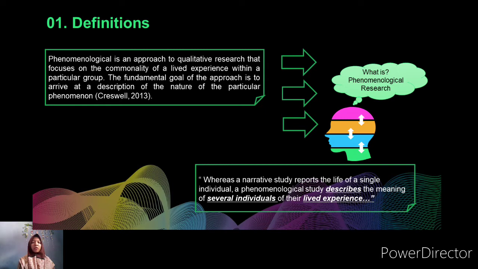The dictionary defines the form re as a prefix meaning again, anew, or over again, and search as a verb meaning to examine closely and carefully, to test and try, or to probe.